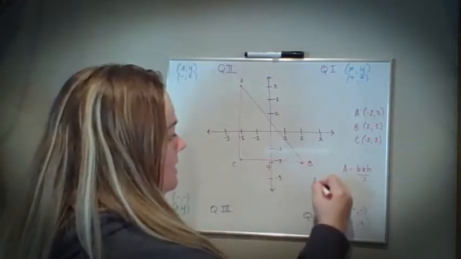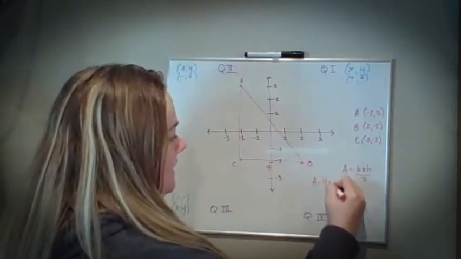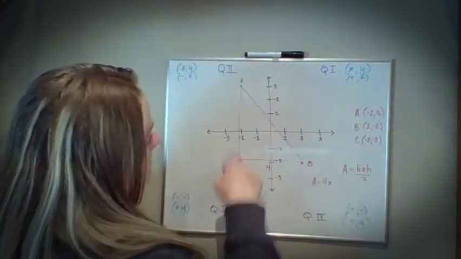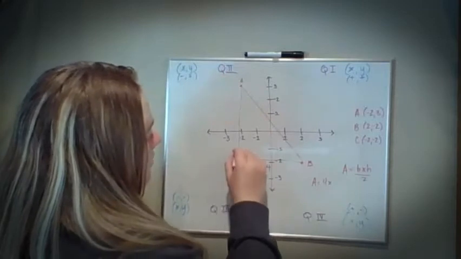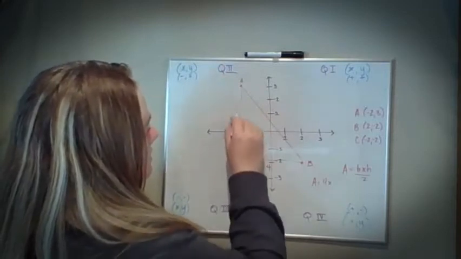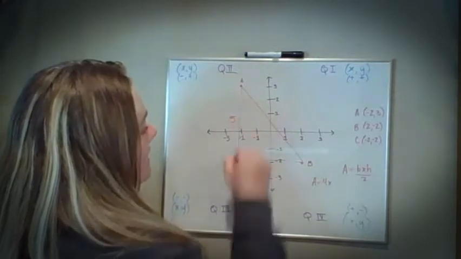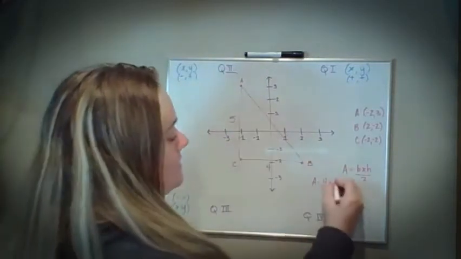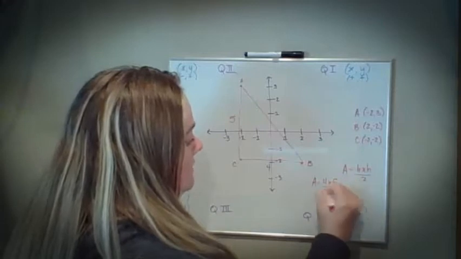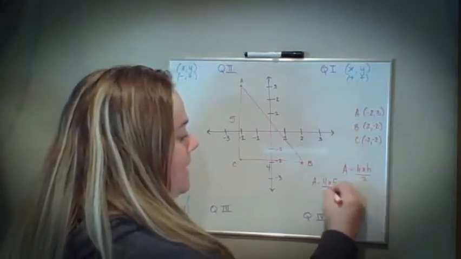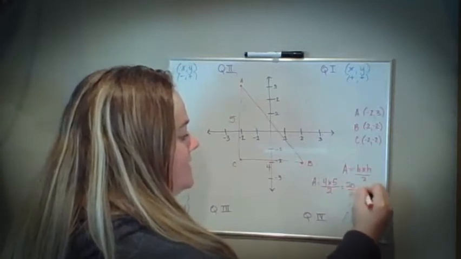So area equals 4 times my height. I'm going to start from here, -2, and go up to +3. 1, 2, 3, 4, 5. So that means that the height here is 5 units. So 4 times 5 divided by 2. 4 times 5 is 20. 20 divided by 2 is 10.